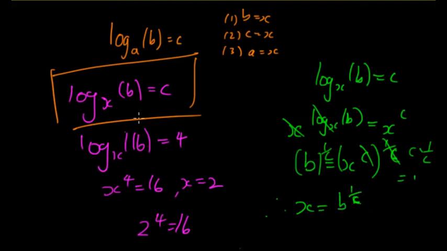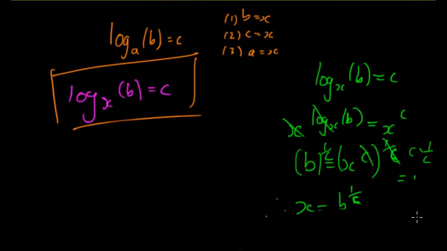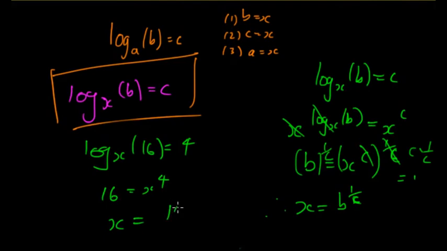In this case, if we had log x of 16 is equal to 4, then we take x to both sides, we get 16 is equal to x to the 4, so x is equal to 16 to the 1 on 4, which is equal to 2, which we've shown before.